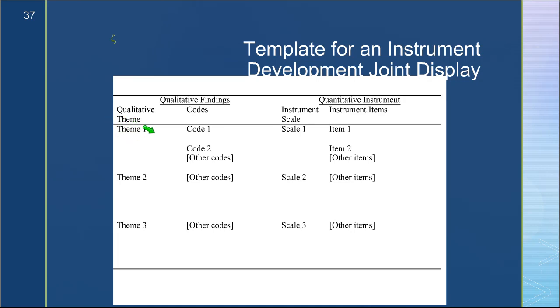But what I'm trying to show here is that for a qualitative finding, we have a certain theme. We might have some codes, qualitative codes, related to that theme. And then what is an actual scale or section on an instrument or survey that we can derive from that theme? And what are specific items that we can write as related to those codes?